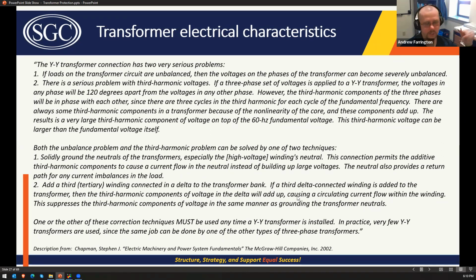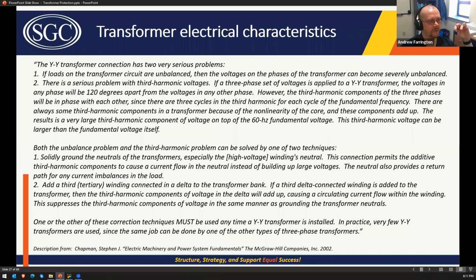That third harmonic can flow in the delta winding, and that tamps it down. So for CMP, for instance, if they have a 115 to 12 kV transformer, they'll do a YY transformer with a delta tertiary, and they don't even actually bring out the tertiary windings. You can't access them. They're embedded in the tank.